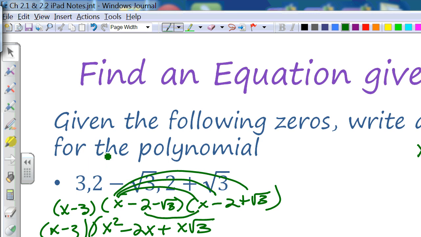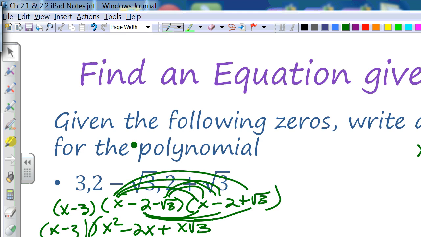Then I have minus 2 times x, a minus 2x, and minus 2 times root 3. Then I take the minus root 3 times x, minus x root 3, and a plus 2 root 3. And root 3 times root 3 is just 3, with the minus, so I have a minus 3.